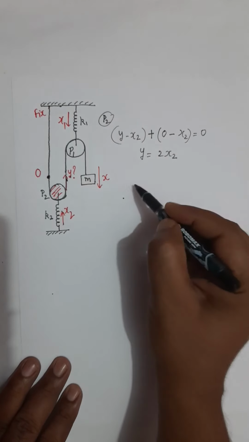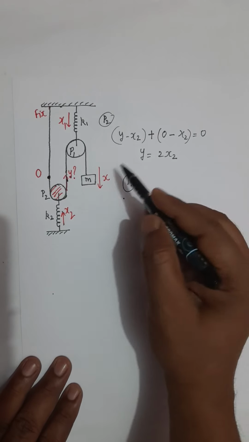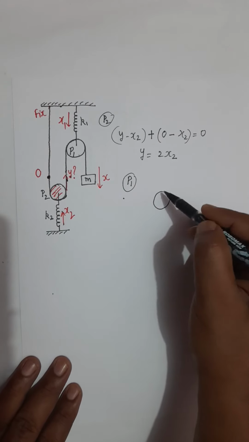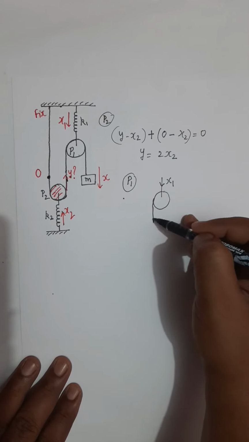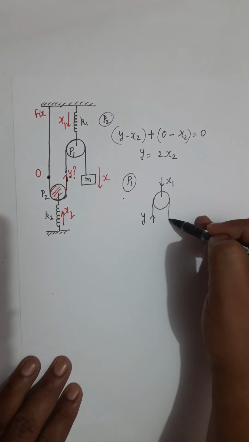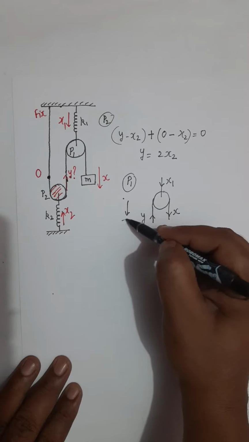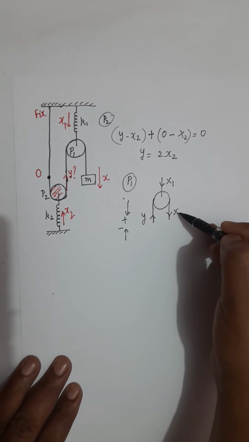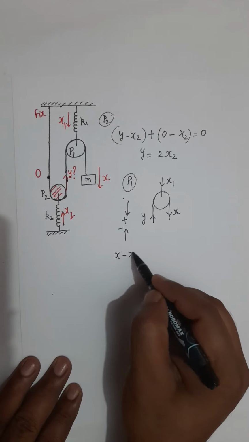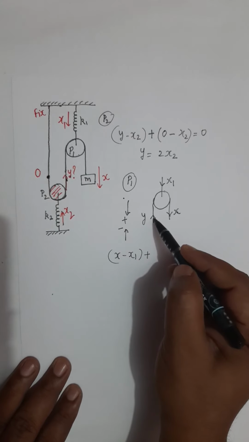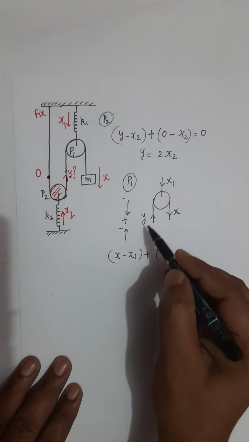For pulley number 1, if you follow the same concept, I will redraw it. This pulley number 1 has a displacement x1 on this side. It has a displacement y in this direction. It has displacement x in this direction. Let's say the downward direction is positive, upward is negative. Relative on this side will be x minus x1 plus relative on the other side will be y minus x1 with sign convention.